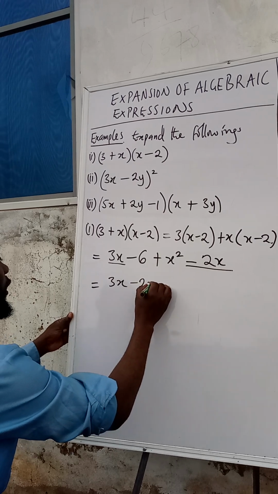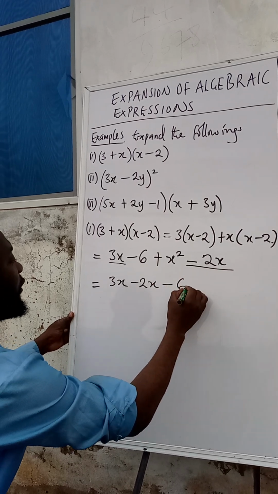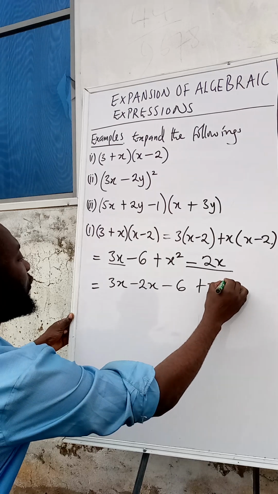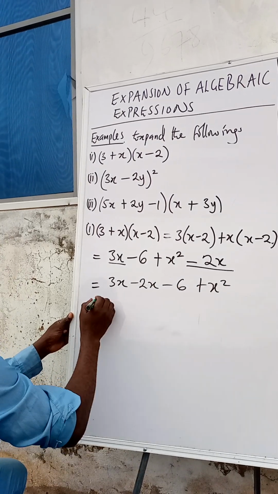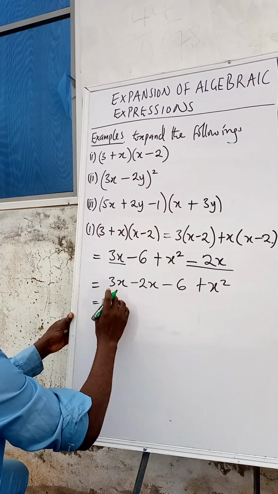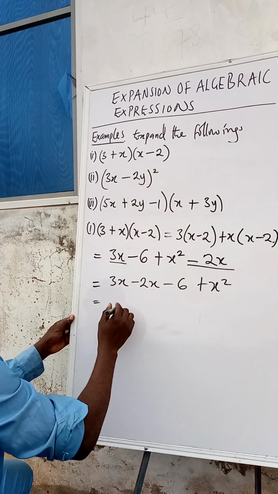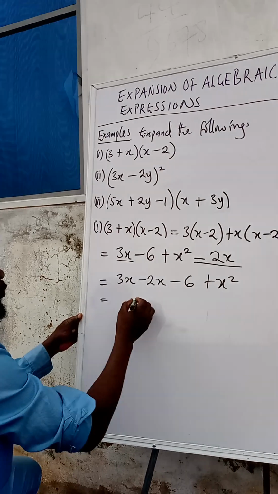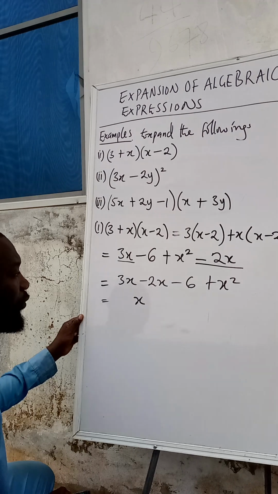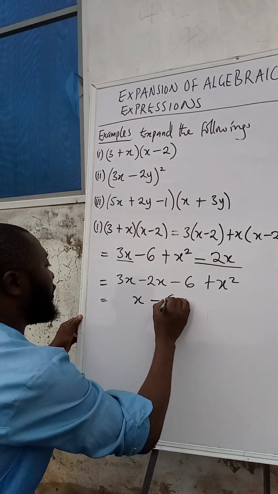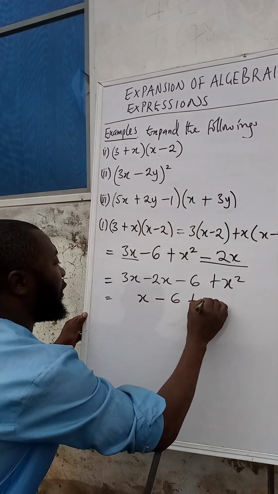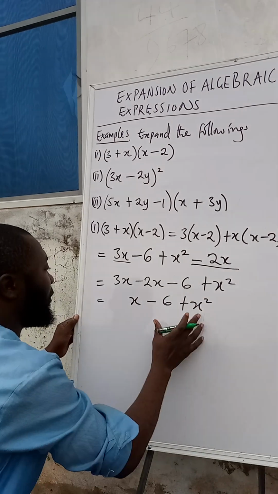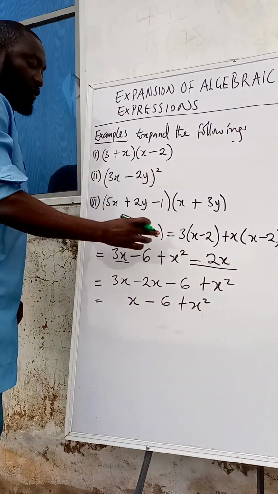So that's minus 2x. You write this minus 6 plus x squared. So here again we have 3x minus 2x. That is just 1x, but you write x. You don't need to write 1x. Minus 6 plus x squared. So meaning the expansion of this is this.